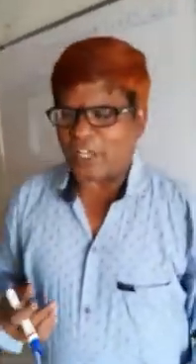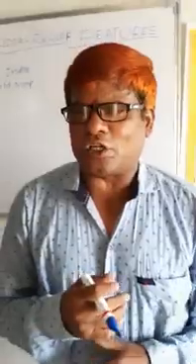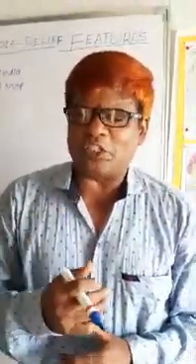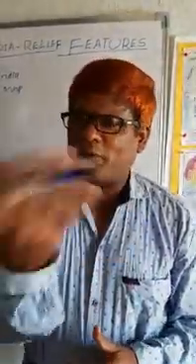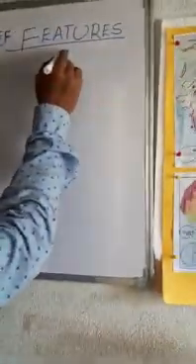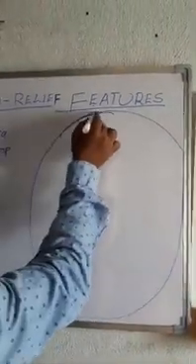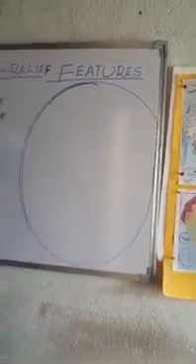How do you know the northern hemisphere, eastern hemisphere, southern hemisphere and western hemisphere on the globe? Look at the board. This is a globe. It is the model of the earth.